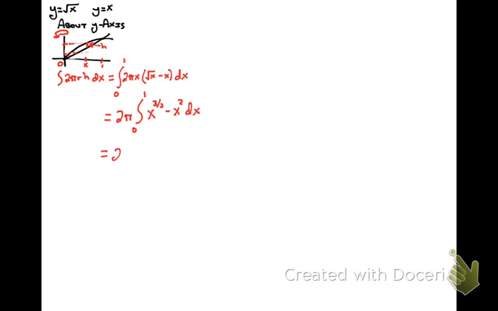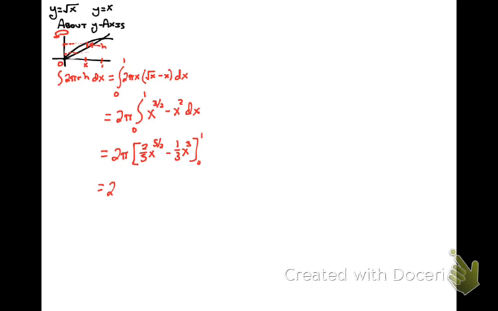This is equal to 2 pi times the integral of x to the 3 halves, which is 2/5 x to the 5 halves, minus 1/3 x cubed, from 0 to 1.